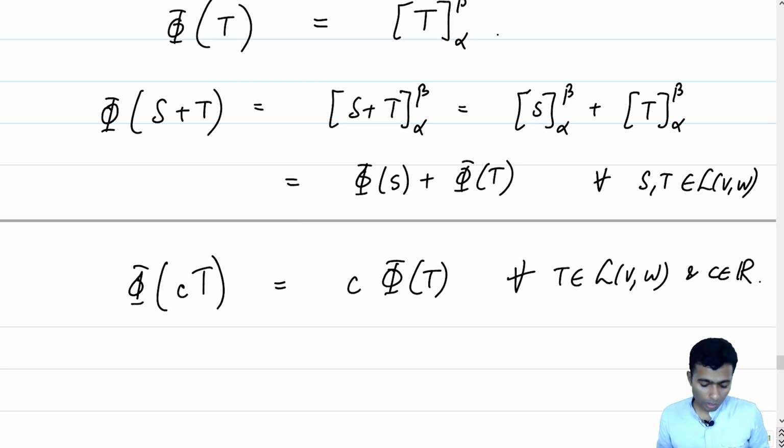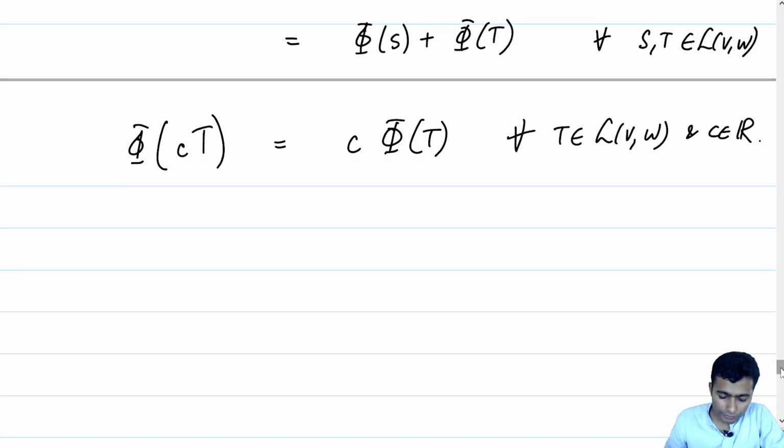So what is phi of cT? It is going to be the matrix of cT with respect to alpha and beta, which is going to be c times the matrix of T with respect to alpha and beta, which is nothing but c times phi of T. So we have seen these two in the first video of this week.